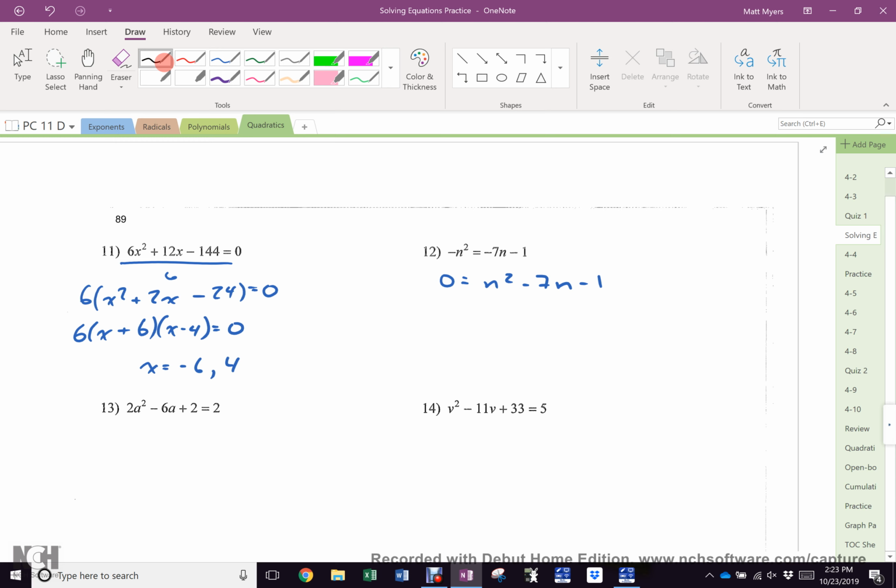But if you've used it, you will get the same roots I get. TI-83s, yeah, that one. It looks the exact same, right? Okay.